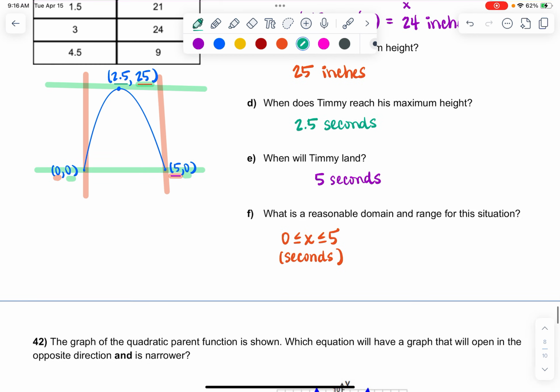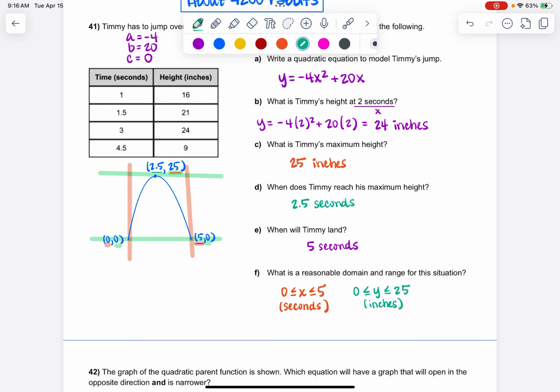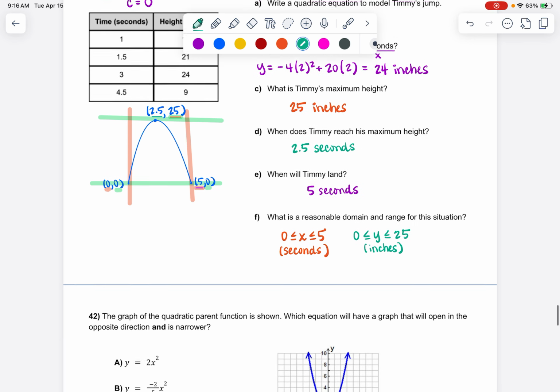So as far as his height of his jump, it starts at 0, and it goes every inch between 0 and 25 at his highest point. Oh, it's inches. Sorry. It's not a very high jump. I keep thinking it's feet. Okay. And there you go. So just answering questions and using Desmos to help you find those main points.